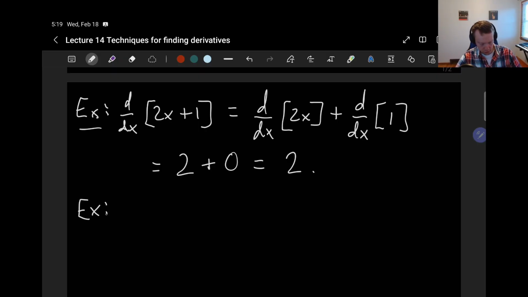Now this gets a little trickier. And again, I want to switch over to the f prime language just so we experience both that and the d/dx.